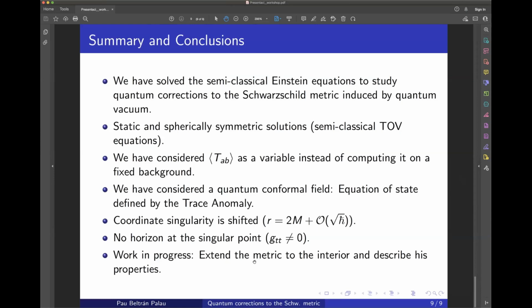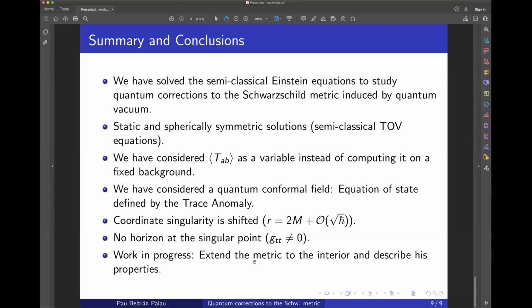First of all, let me say I agree with you that probably starting a perturbation expansion using coordinates that are singular or bad coordinates at the horizon is likely to be the cause of some of the problems you're encountering. But there is another issue that you mentioned that could potentially be the source of problems, which is that you motivated your isotropic choice in the equation of state on the Boulware vacuum, which is a state that we know is ill-behaved, is not Hadamard at the horizon.